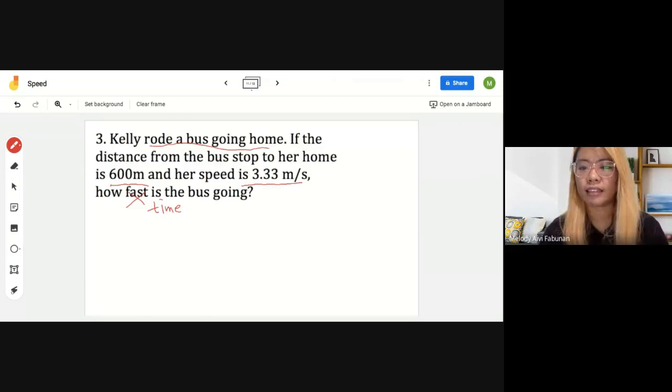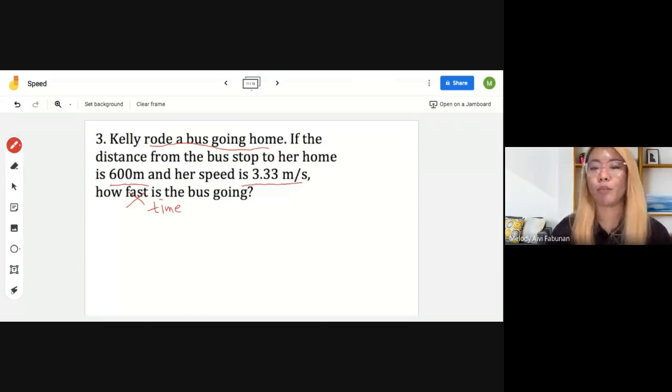So now let's try to come up with the final answer for this one. Let's close the chat box. Okay. So this time we are looking for the time given yung kanyang speed, which is 3.33 meters per second.